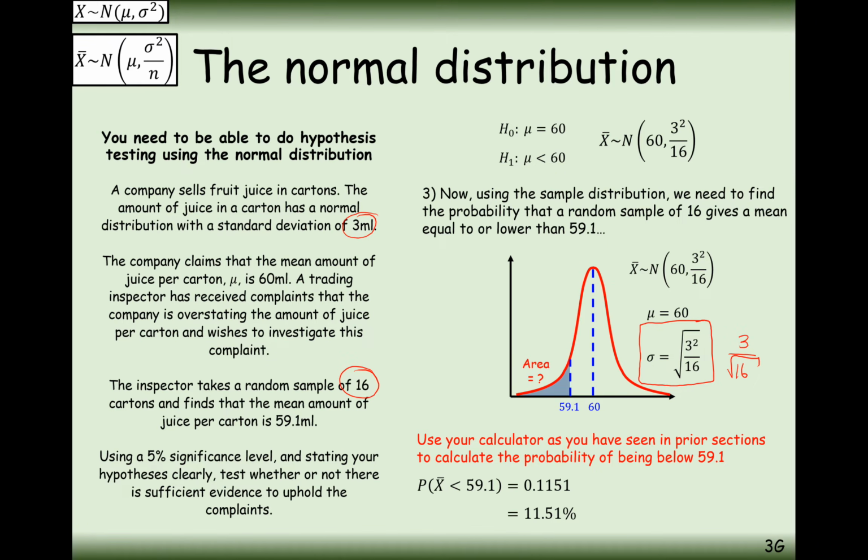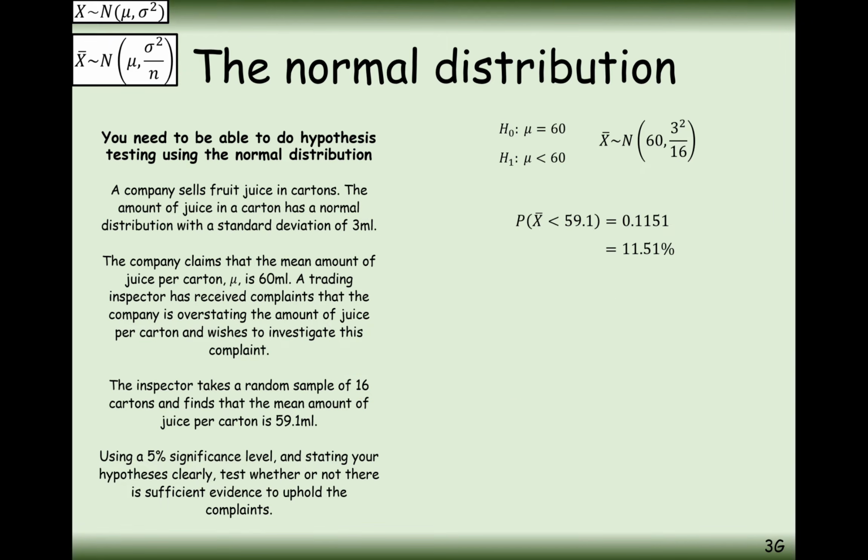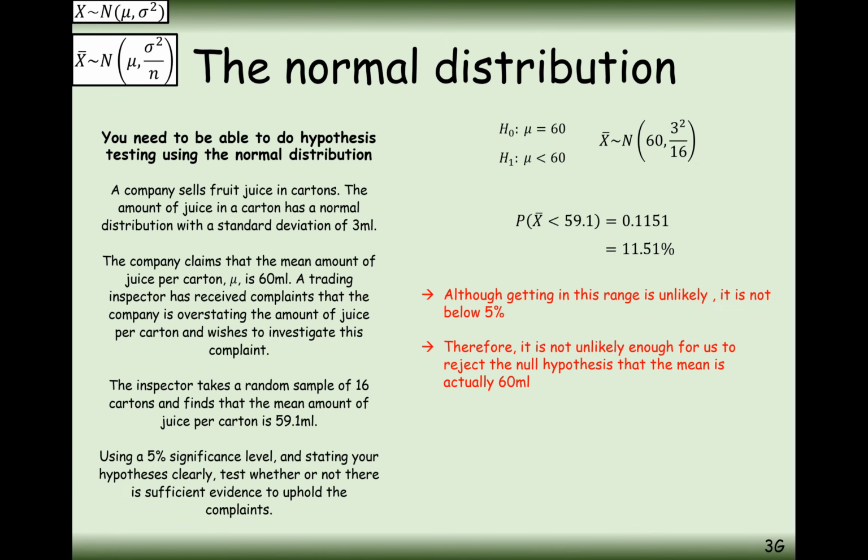11.51%. Now that's still quite a high probability that the mean is going to be less than 59.1. If you take 10 samples of 16, you're probably going to find one that is less than 59.1. So therefore, what we say at the 5% significance level is that although getting in this range is unlikely, it is not below 5%.